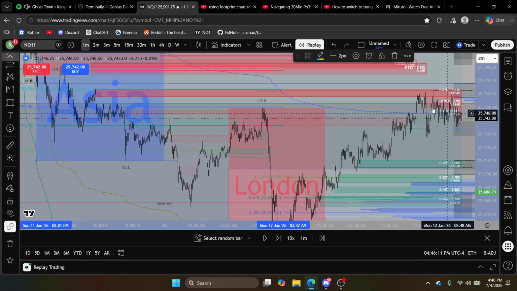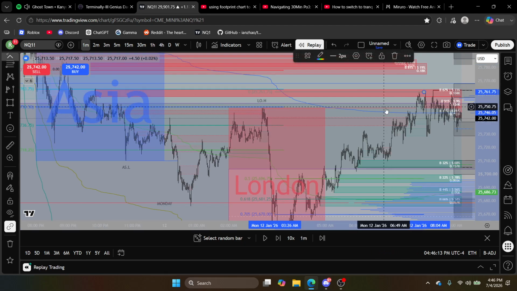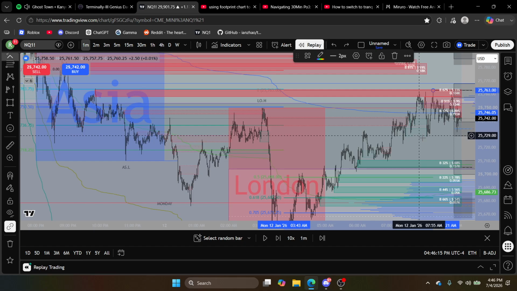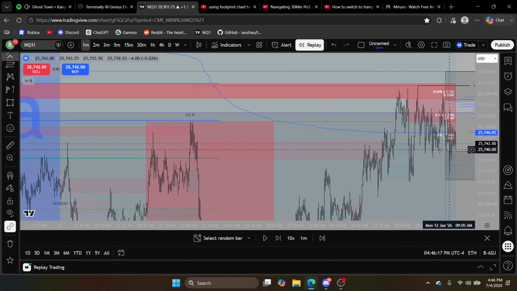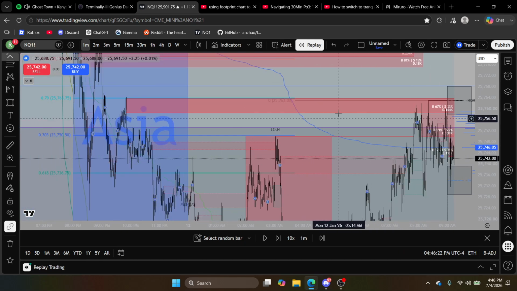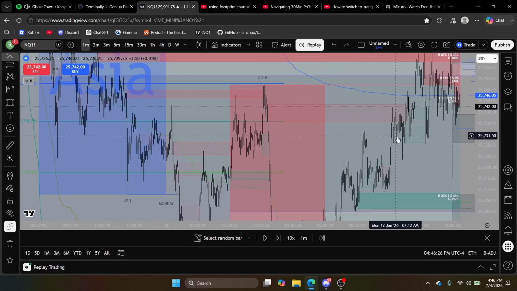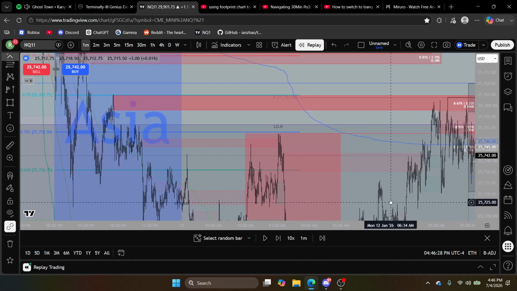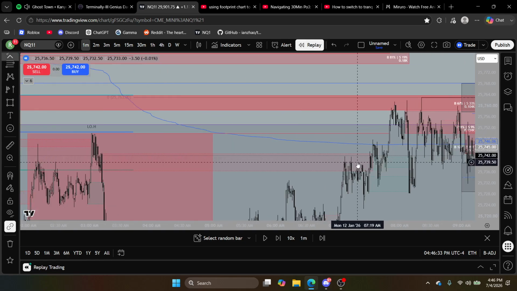Hey, what do I see? I see 0.79. Seems to be holding decently, right? 0.79. Yes, didn't tap 0.79 yet. 0.705.